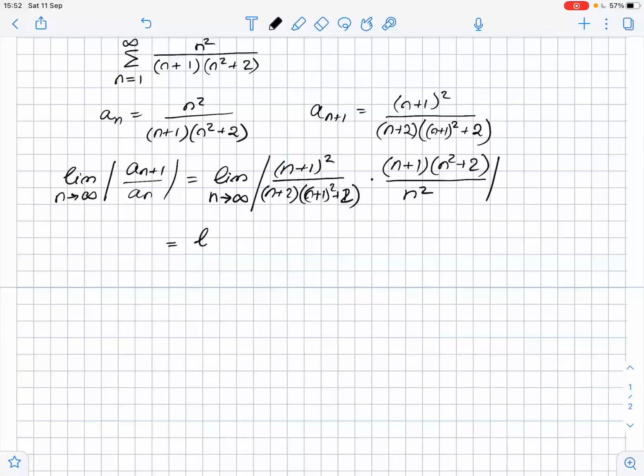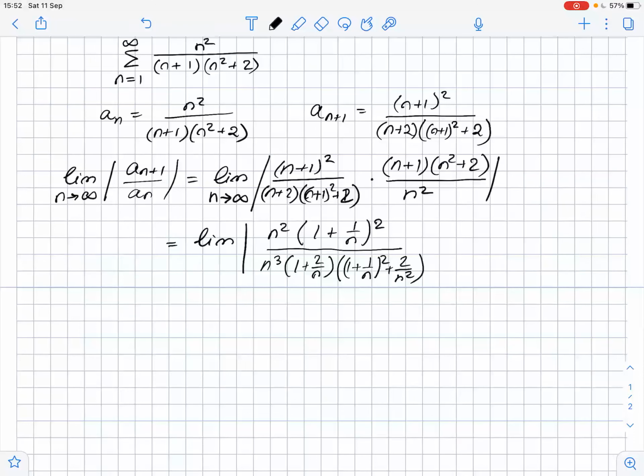So this equals the limit of the absolute value of n squared times (1 plus 1 over n squared), and here we have n cubed times (1 plus 2 over n) times (1 plus 1 over n squared plus 2 over n squared), multiplied by n cubed times (1 plus 1 over n) times (1 plus 2 over n squared), divided by n squared, as n approaches infinity.